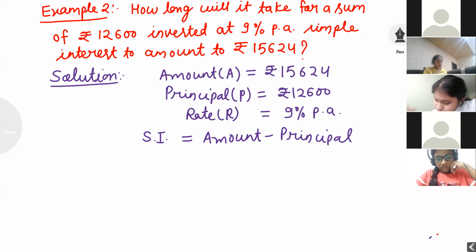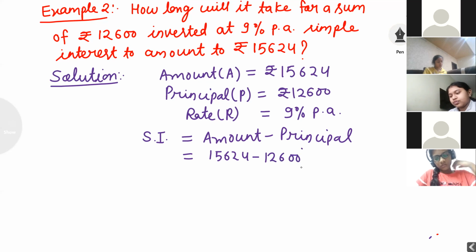Amount he has given 15,624 minus 12,600. I want to do subtraction. 4, 2, 30. 3,024 rupees.